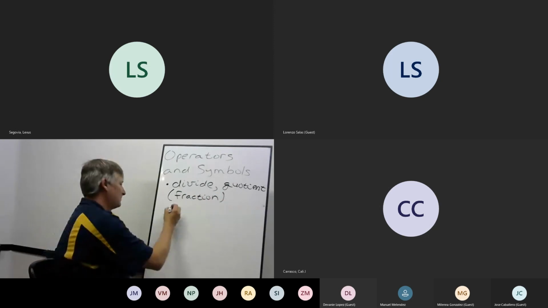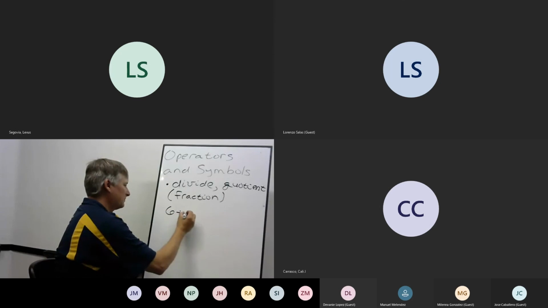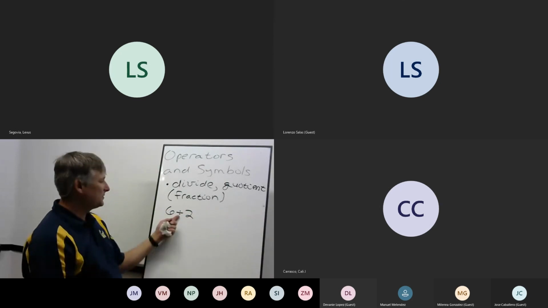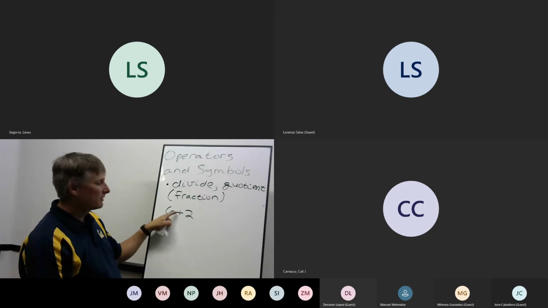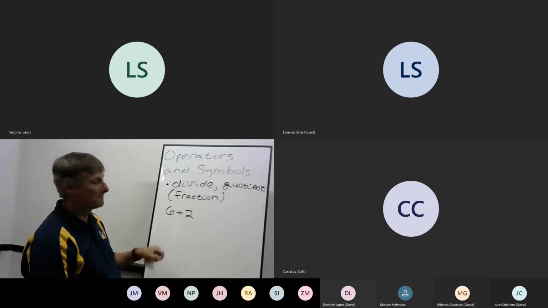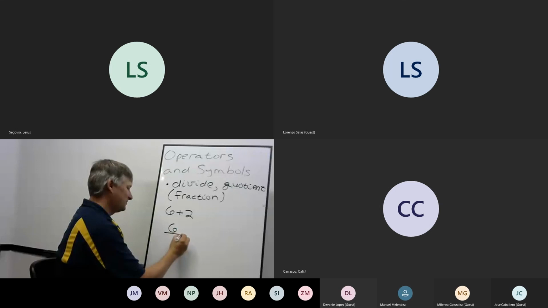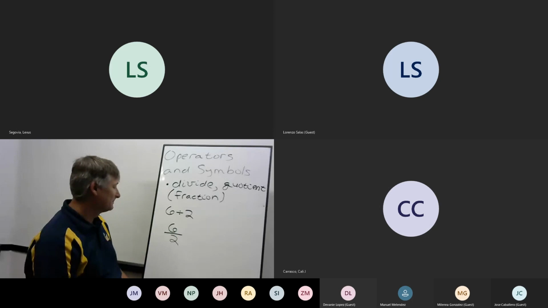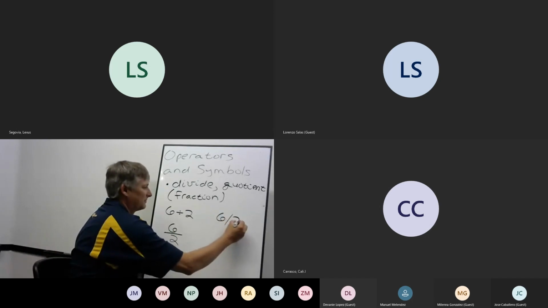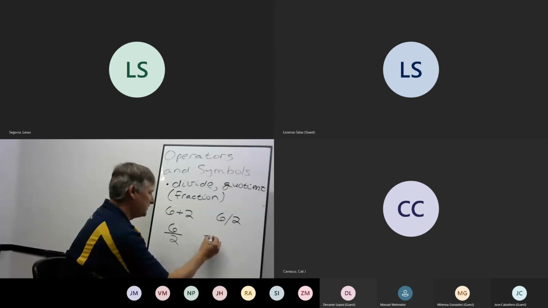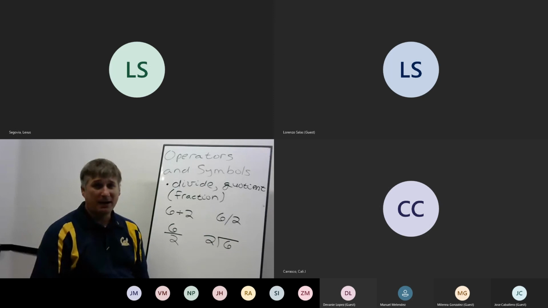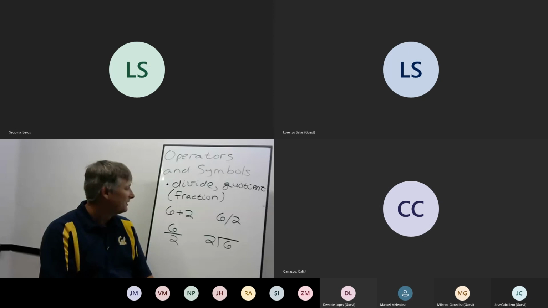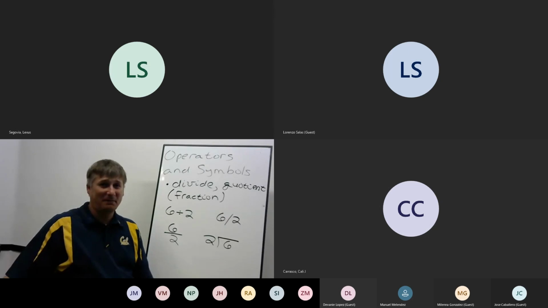So symbols for this. We know this one. The reason we use this symbol, it looks like you got a fraction bar with a top dot and a bottom dot. So here's a fraction bar, there's a top number and a bottom number. They all mean the same thing. You might see it written like this. And then, of course, we've seen this. They all mean to divide. So this is the symbolic language of mathematics. Any questions about that?